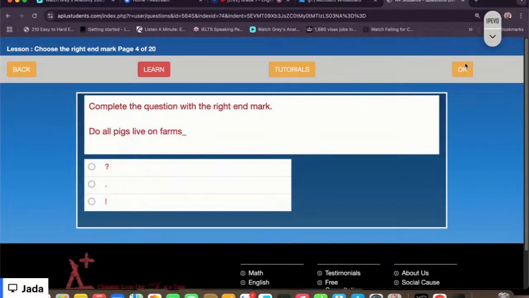Complete the question with the right end mark. Do all pigs live on farms?